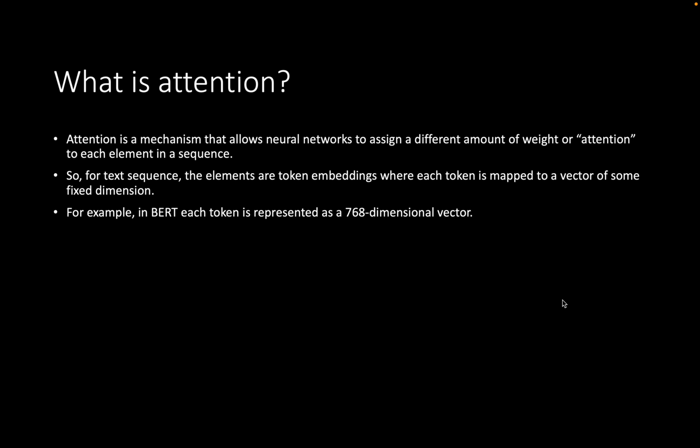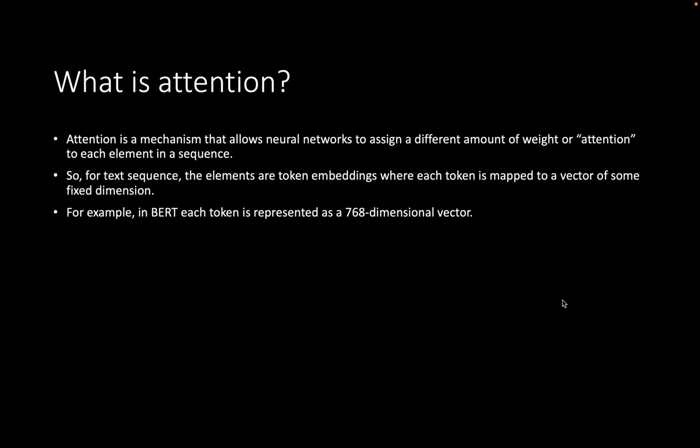If we are given input sequences of tokens, in our case, for text sequences, the elements will of course be the text embedding or the token embedding of some dimension. What attention or self-attention allows us to do is give a different amount of weight to each token embedding based on the conceptual idea it carries in the text.